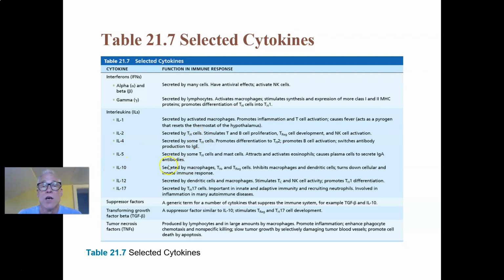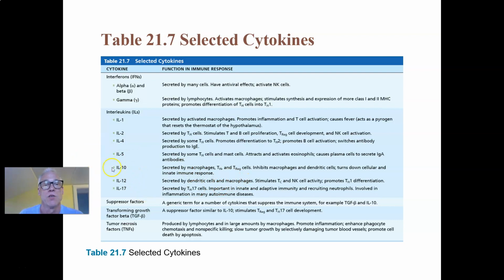IL-10 is actually an interleukin that's inhibitory, and it will modulate the immune response. So just like, for example, way back when we talked about things like aldosterone, which can increase blood volume and blood pressure, and then we talked about atrial natriuretic peptide, which can inhibit reabsorption of salt and water and inhibit aldosterone. We have this sort of check and balance system.